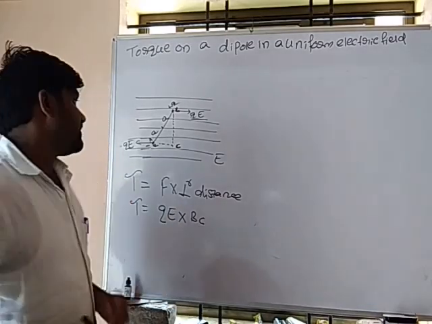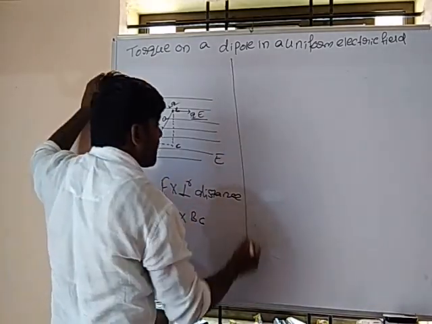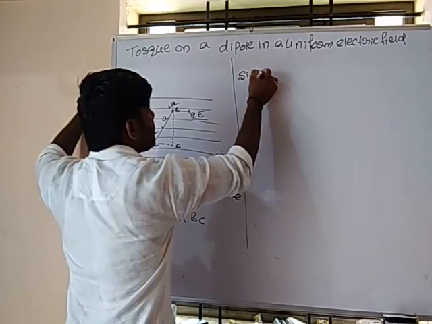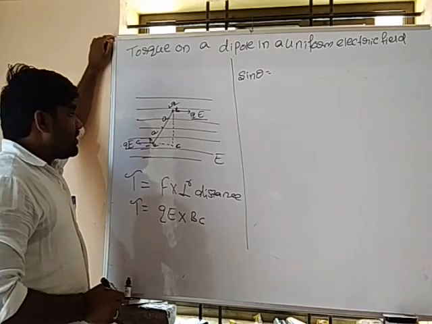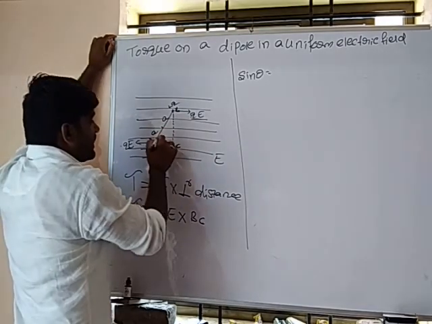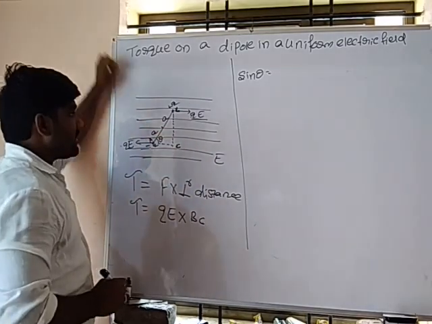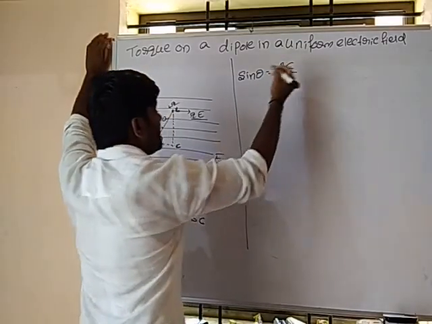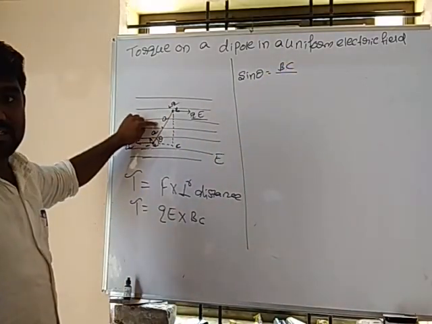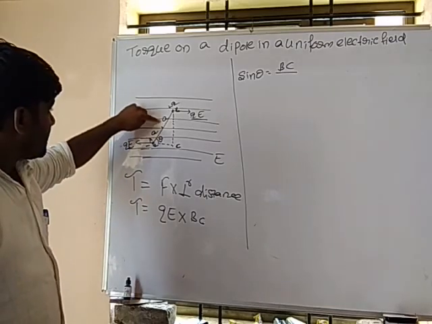See here, sin theta is equal to opposite side by hypotenuse. For theta, the opposite side is BC divided by the hypotenuse, which will be 2A.